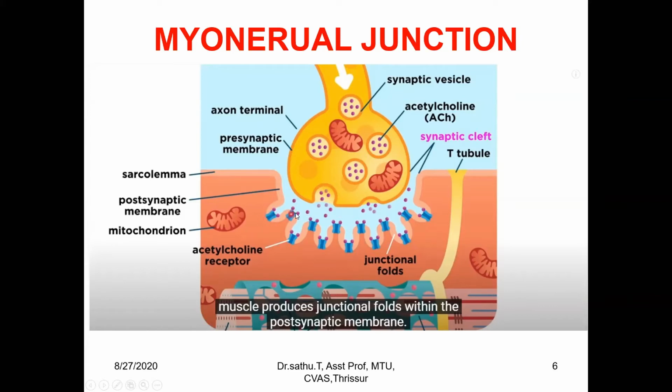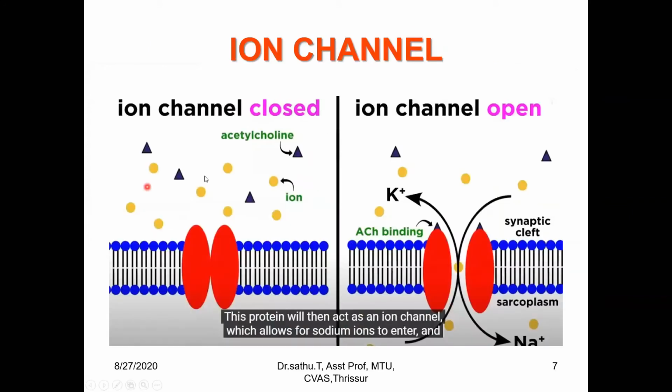This blue color is the nicotinic receptor, also called the acetylcholine receptor. These receptors are also called ligand gated ion channels. Let's see here, this is acetylcholine.